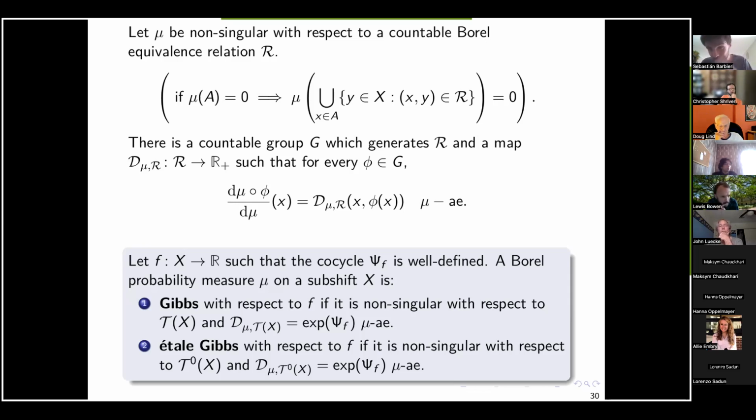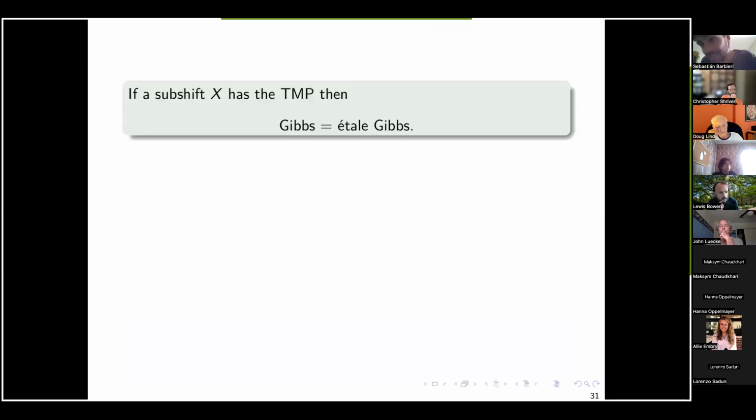This is just another way of saying things. But if a subshift has the topological Markov property, then these two equivalence relations coincide, and thus this definition of étale Gibbs coincides with Gibbs.